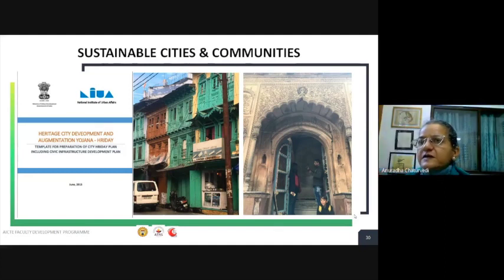So, under Sustainable Development Goal 11 and specifically 11.4, there are all kinds of initiatives which have taken place and which will help to ensure sustainable cities and communities. One aspect is related to the adaptive reuse and infrastructure upgradation of our historic city centers.